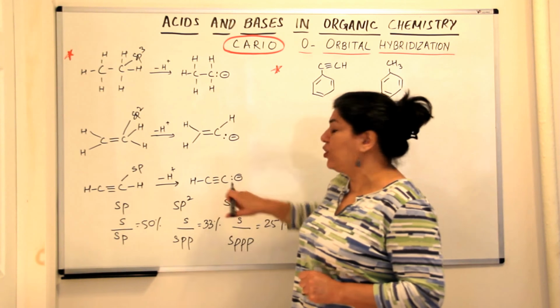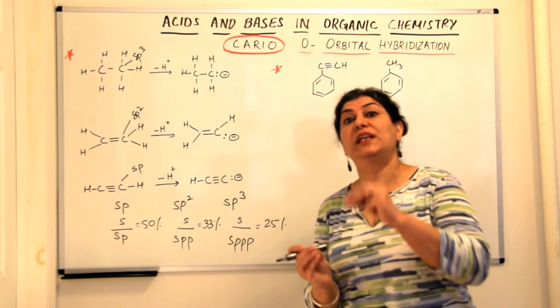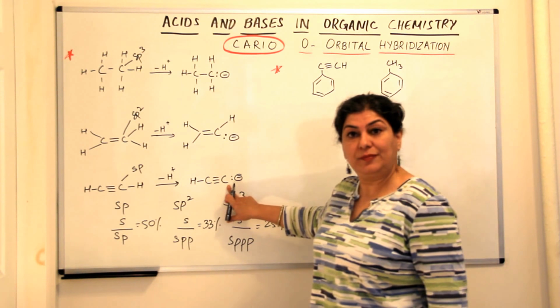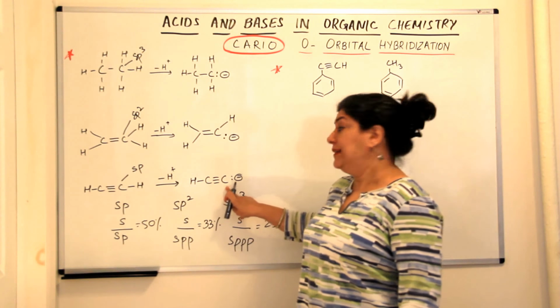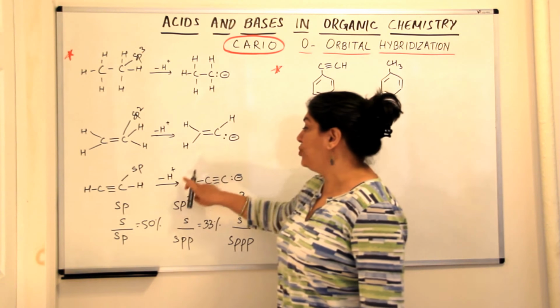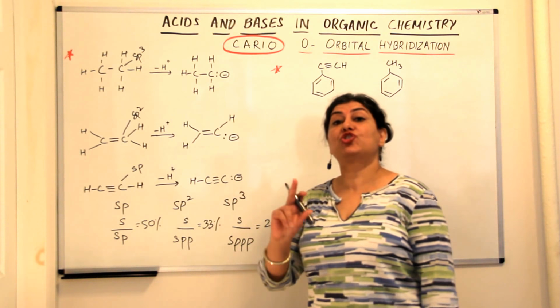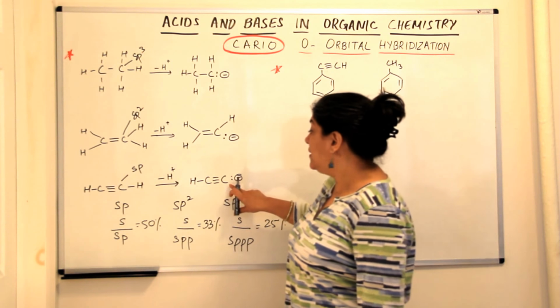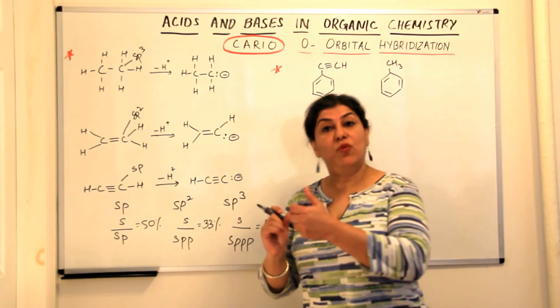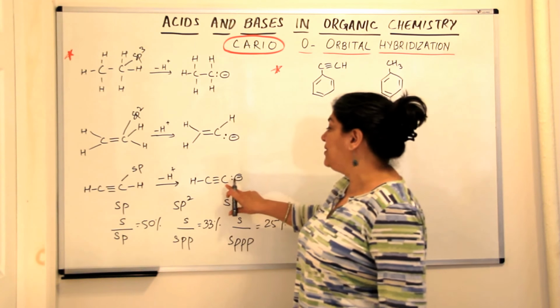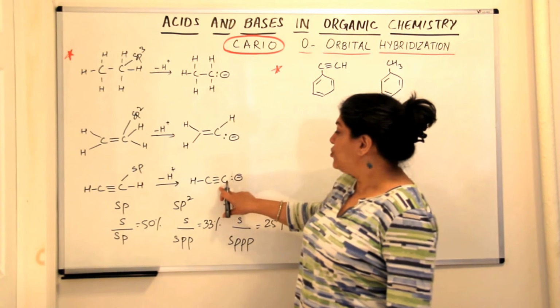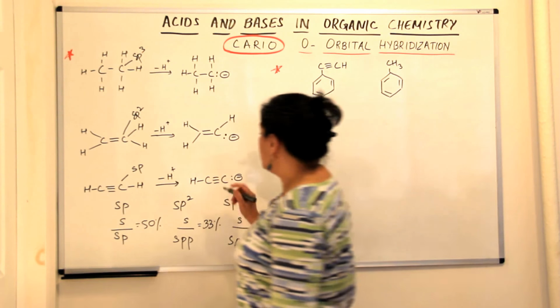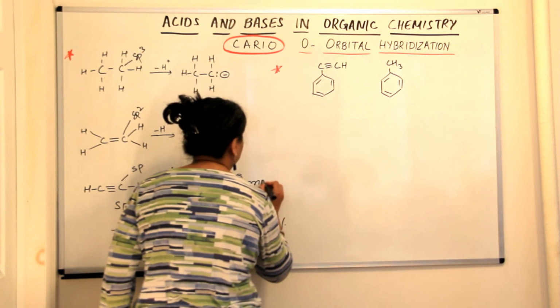So these electrons will be closest to the nucleus of this carbon. If they are closest to the nucleus of this carbon, it means that the conjugate base should be stable, because the electrons are being attracted more strongly by this carbon in comparison to this one. Right? So we say that this one is most stable.